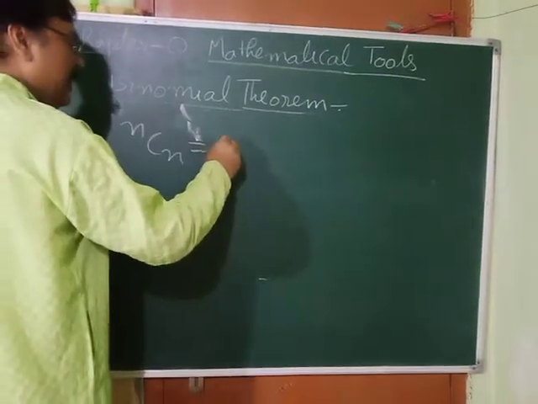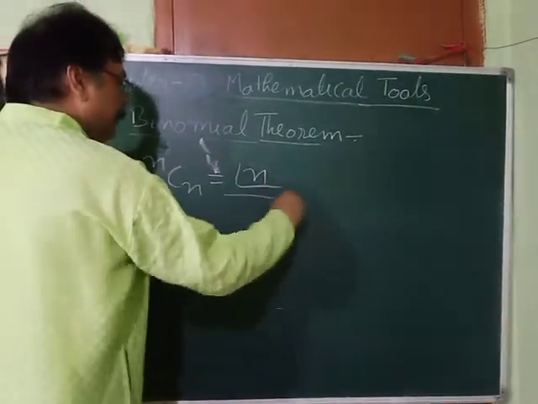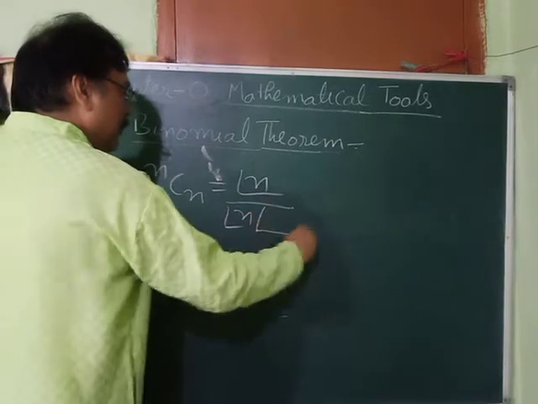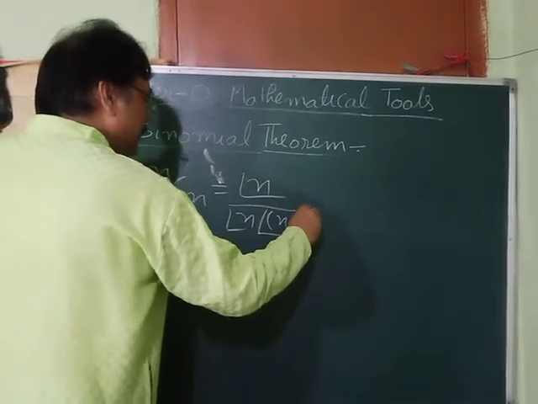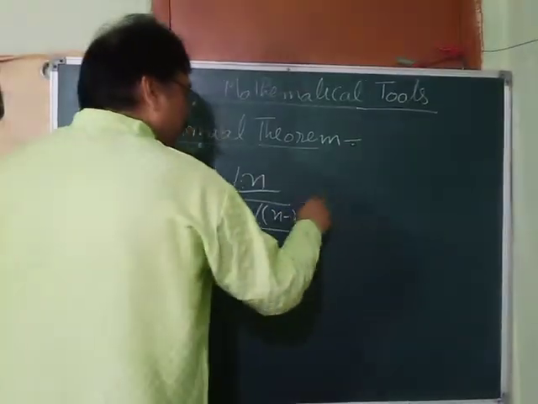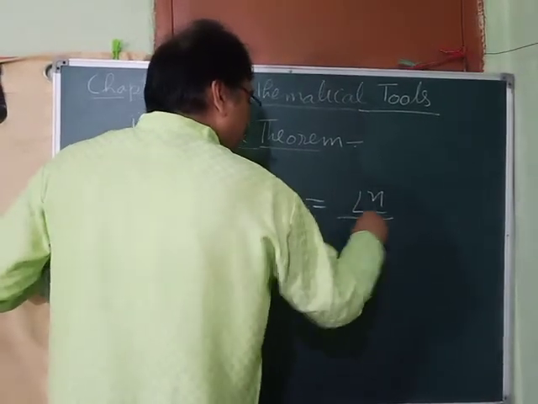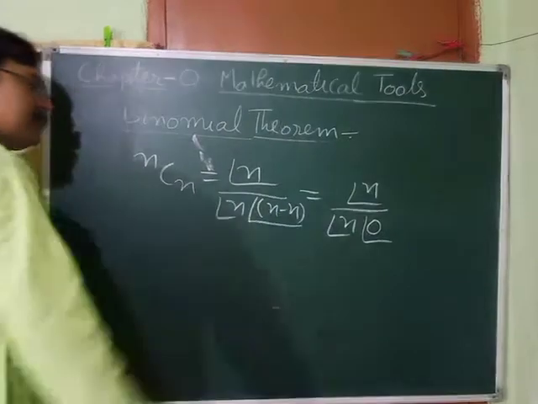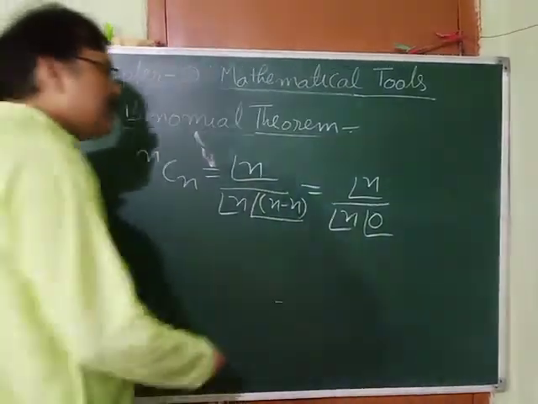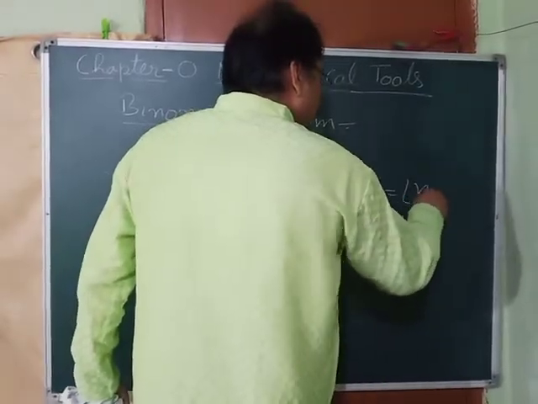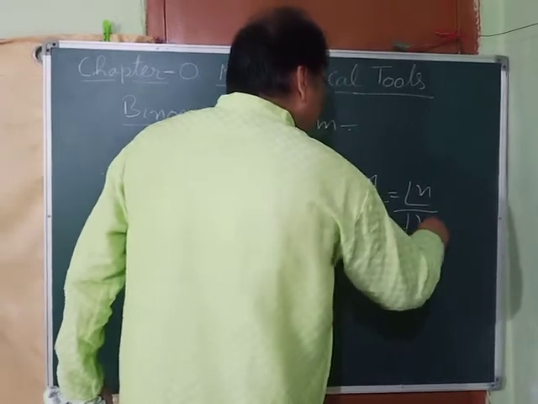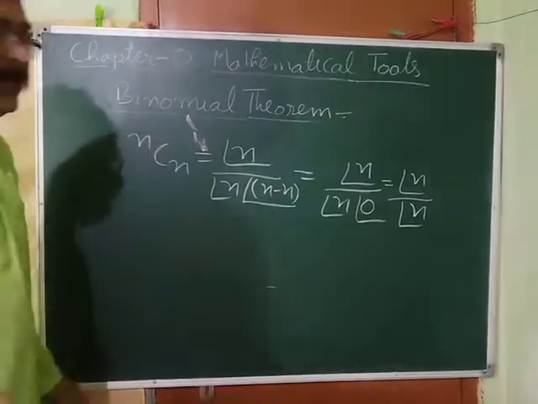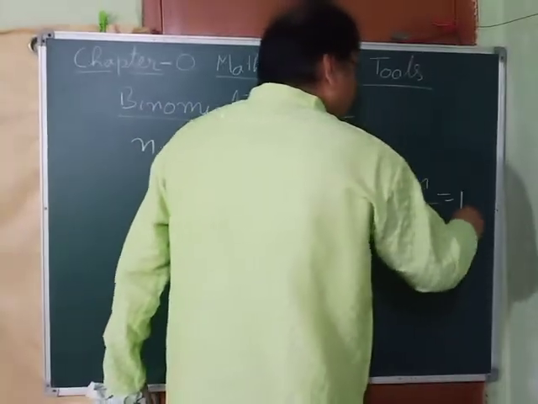Factorial n upon factorial n upon factorial n minus n. Now factorial n is factorial n only, and this is factorial 0. N minus n is 0. And factorial 0 is 1. So factorial n upon factorial n into 1 will cancel, and you will get 1.